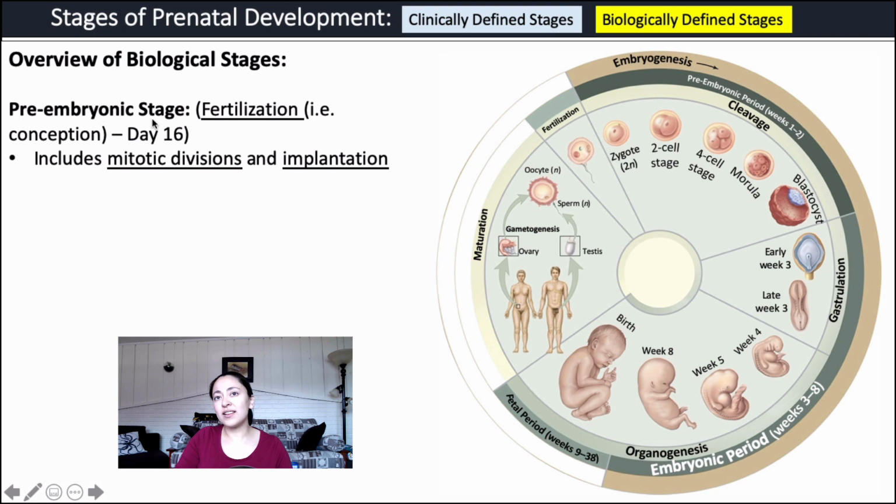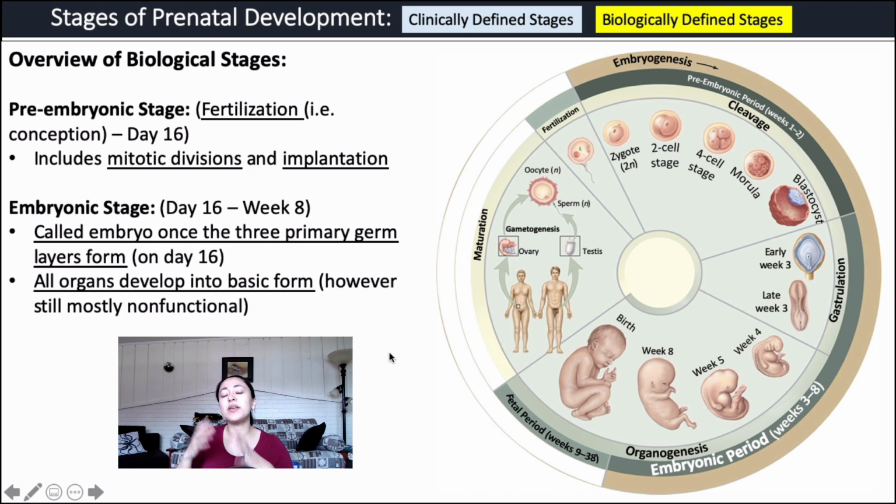The pre-embryonic stage is the first stage, and it begins with fertilization and continues to about day 16. During the pre-embryonic period, it's dominated by mitotic divisions or cell divisions, which we call cleavage, as well as implantation. So the pre-embryonic period ends after implantation has occurred into the uterine lining.